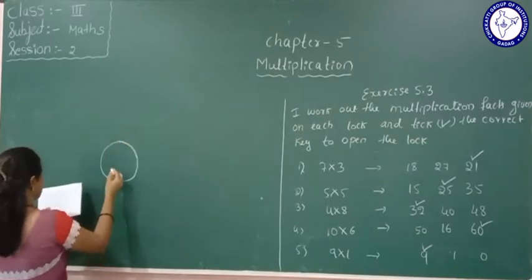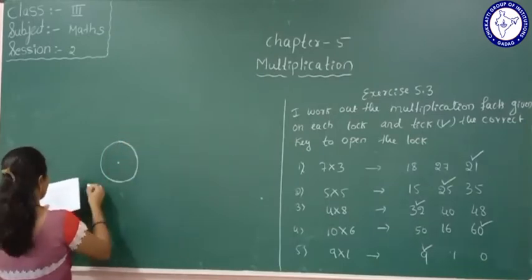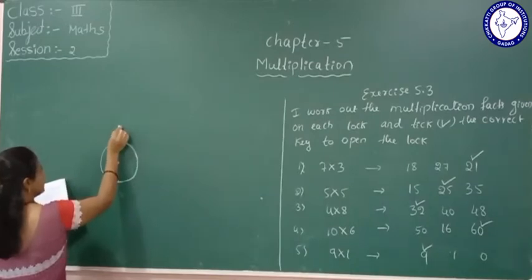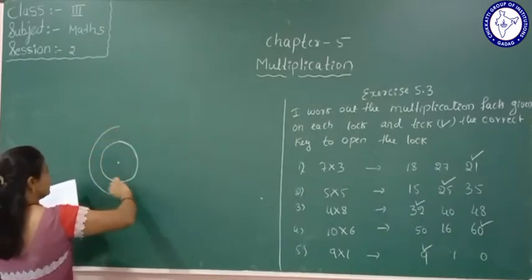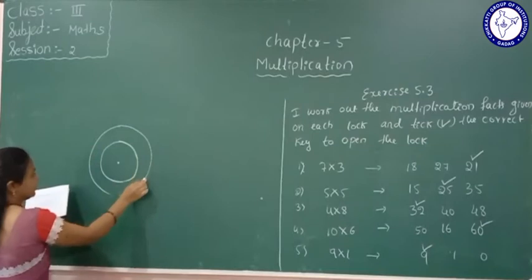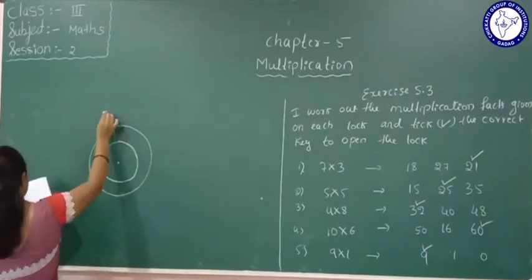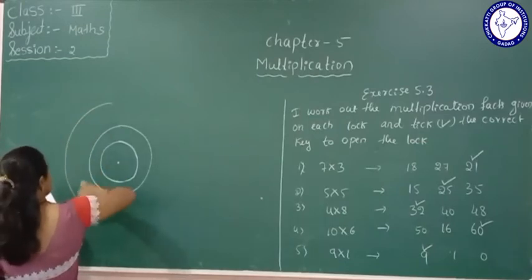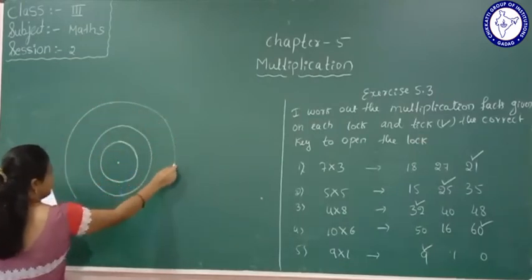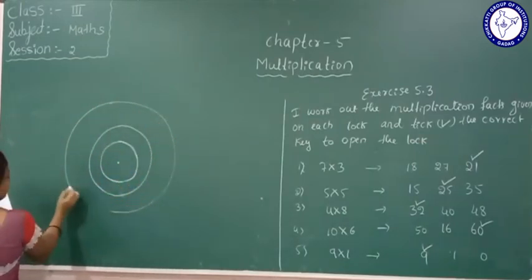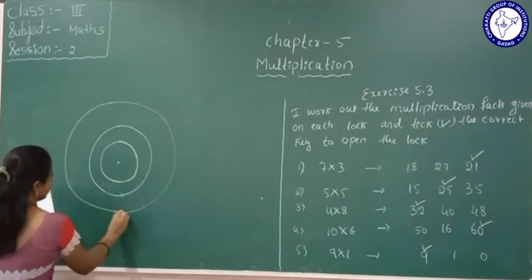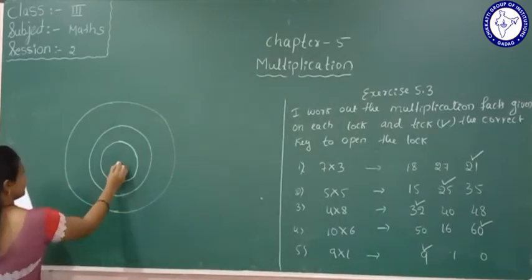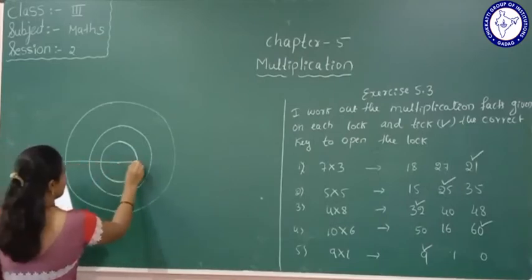This is one circle, and here I'll give the middle point. So second one, circle. Next, third one, circle. See students, in the points I'll join the lines.